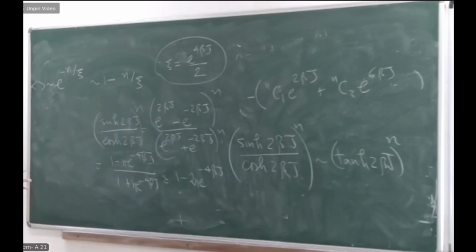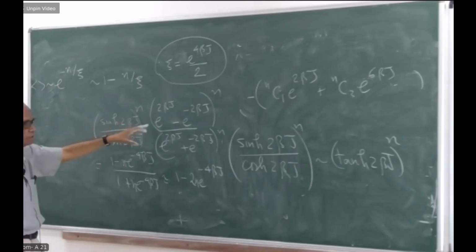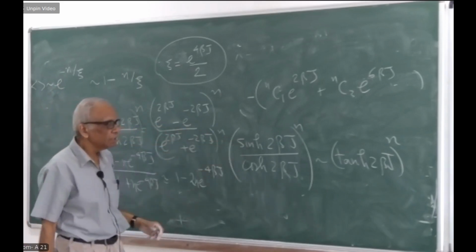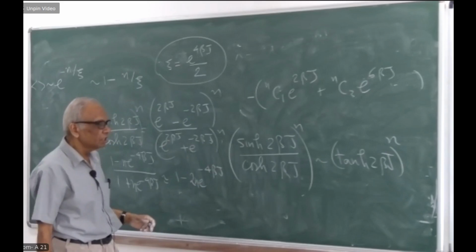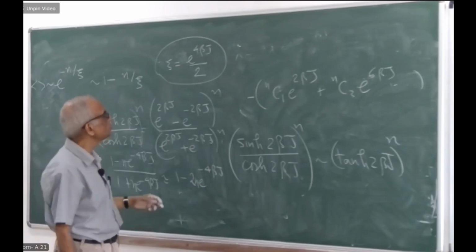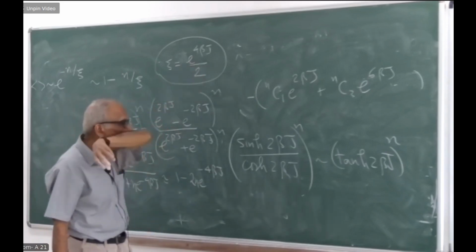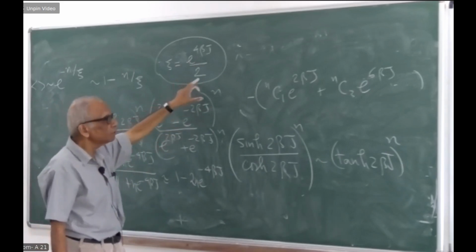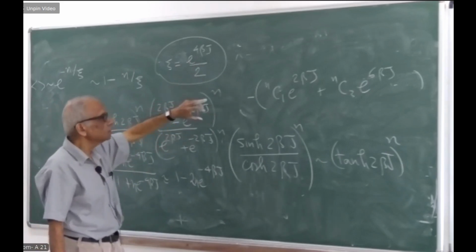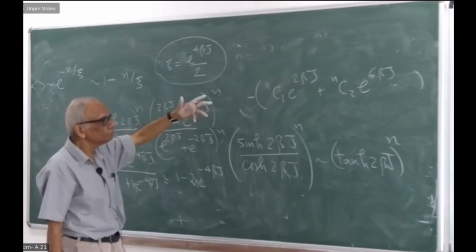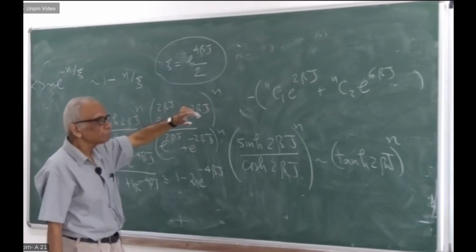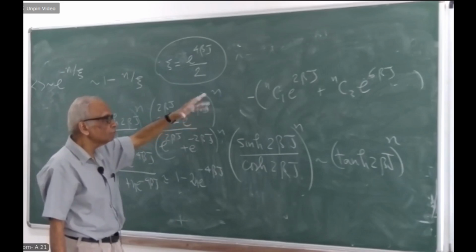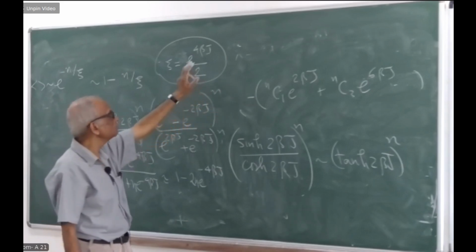But the thing is done. The point is that this is exactly how it goes. I think that there is some error somewhere over here. This 4 beta looks a little too strong. Somewhere I have overdone the energy factor.